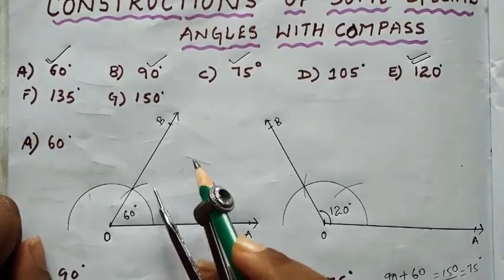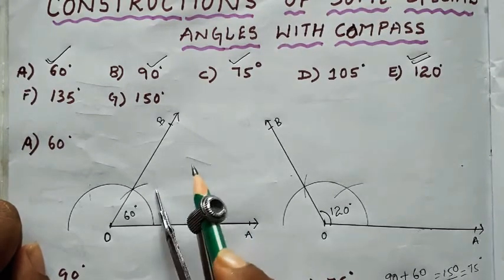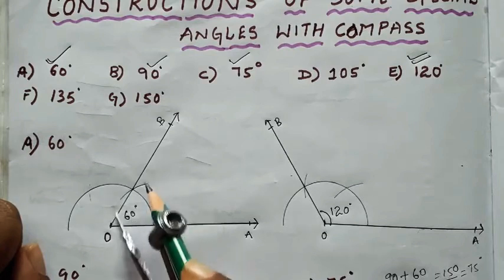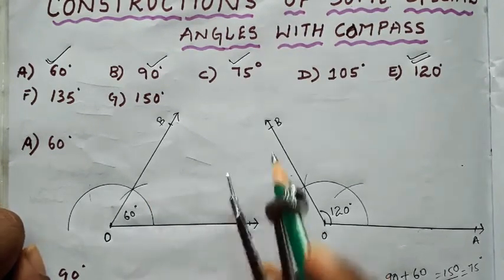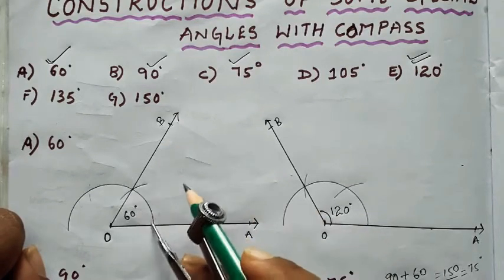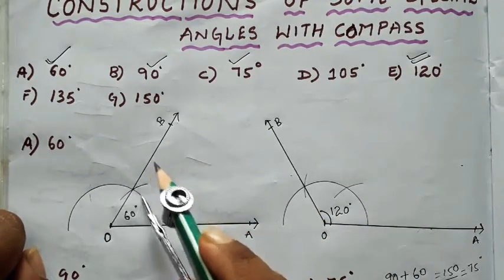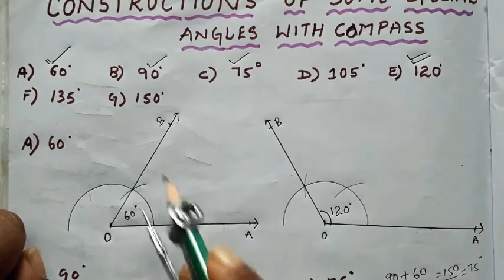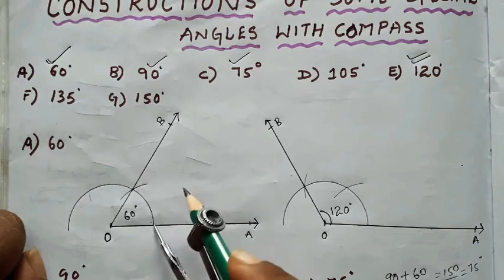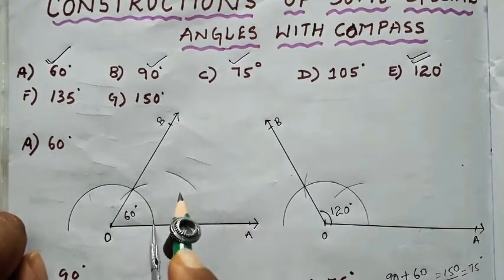See, if I want to construct 30 degree, it means it's half of 60 degree. If I draw the bisector of 60 degree, I will definitely get 30 degree. See class, how to construct a bisector. To construct a bisector you have to see the extreme points of the angle. What is its extreme point? This is one point and this is another point. So first of all you have to put one arc in between the angle from this point.